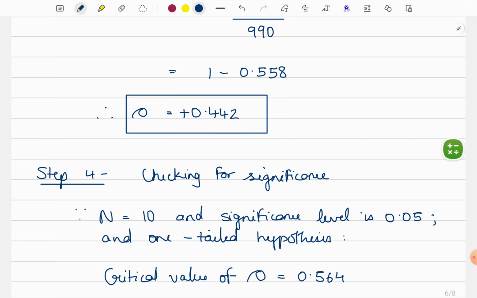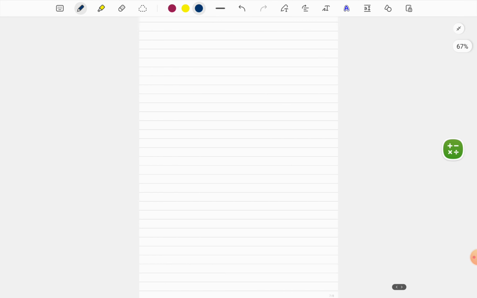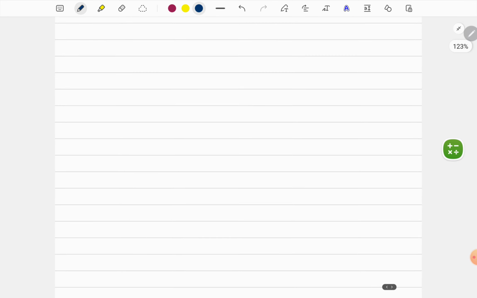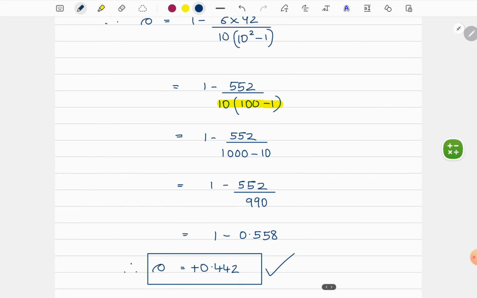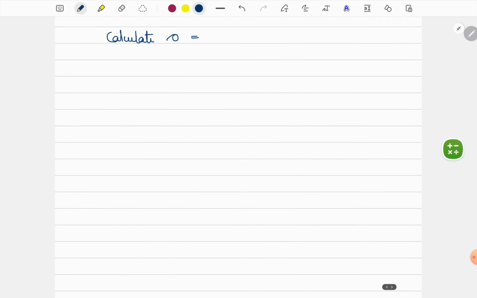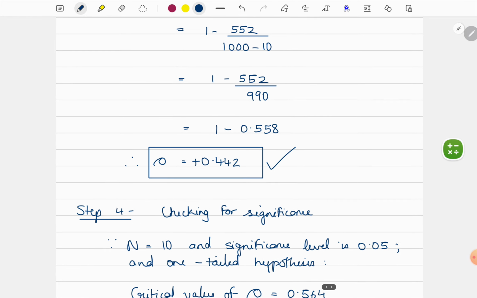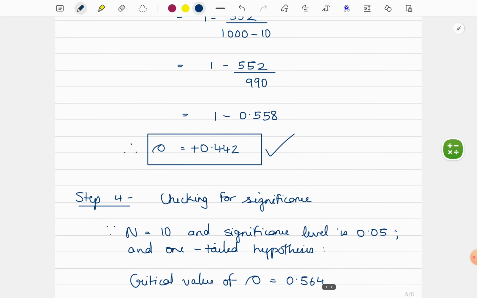Now what is the calculated value? Just let's reiterate that. Calculated rho value is this one, plus 0.442. Now what is it? Is the calculated value greater than the critical value or is it lesser? It is lesser.